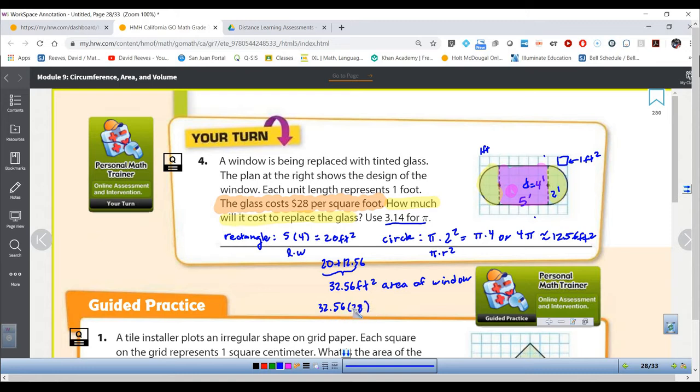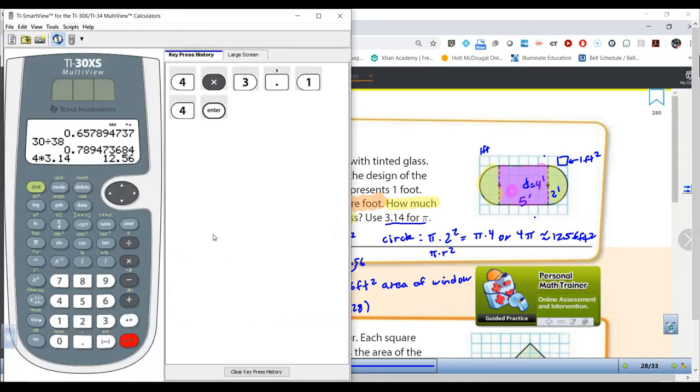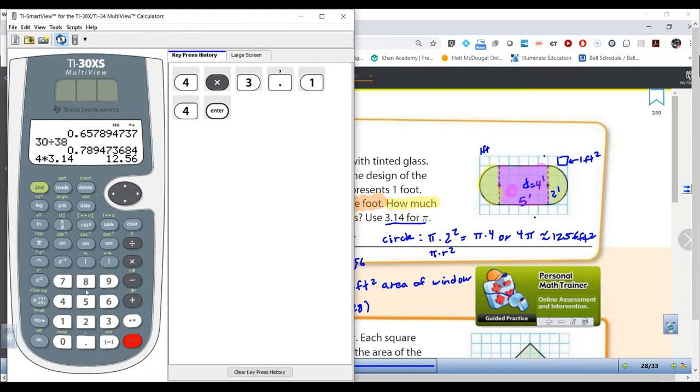So if we want the total cost, we have to multiply $28 per square foot times 32.56 square feet.